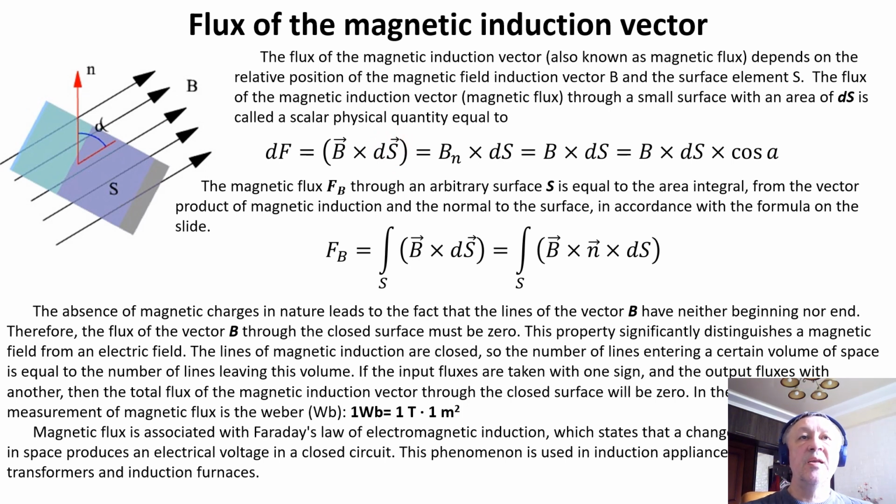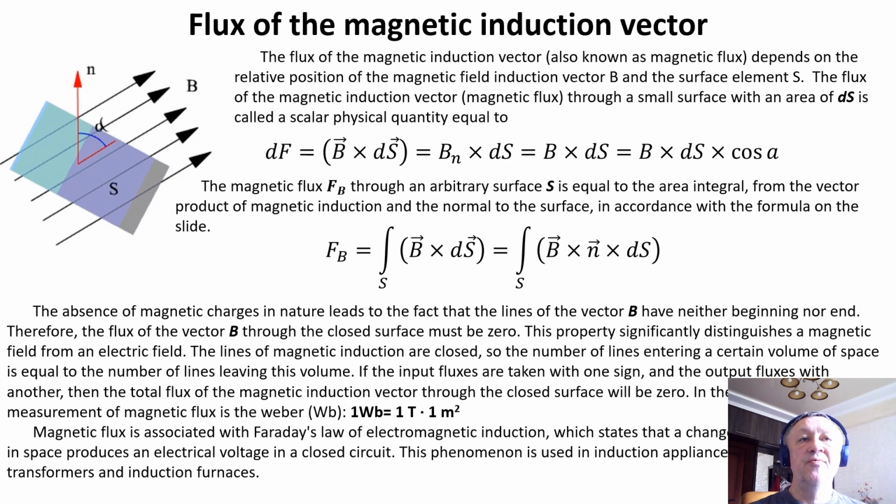The magnetic flux Φ through an arbitrary surface S is equal to the surface integral of the scalar product of the magnetic induction and the normal vector to the surface, in accordance with the formula on this slide.